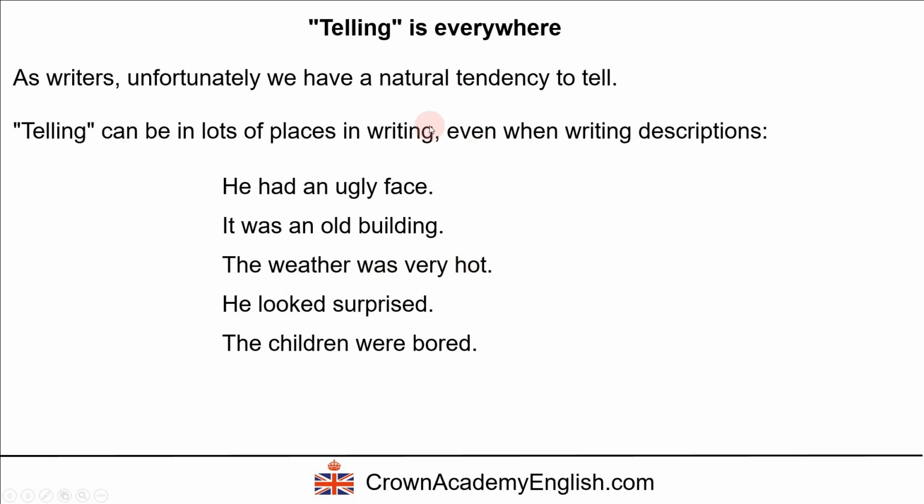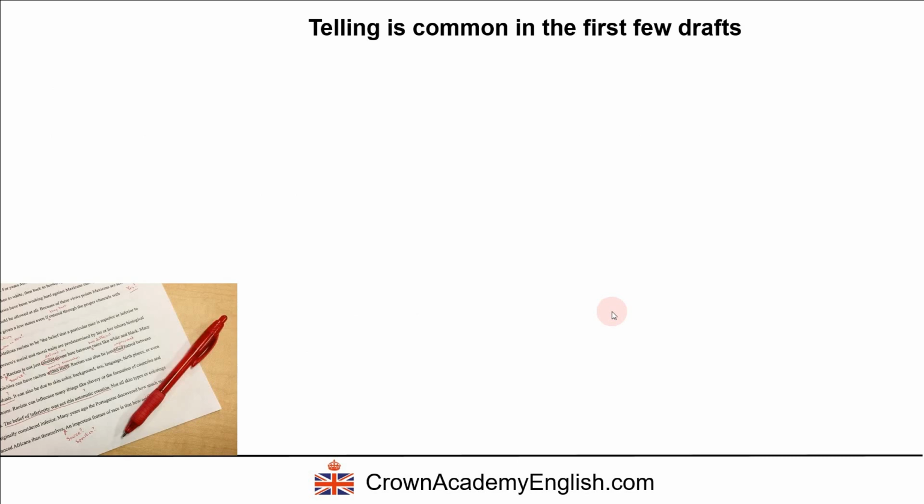So sometimes we are telling without even realizing it, and it's up to us, the author, to go back on our own work and identify these places where we're telling, and to try to then convert it into showing. And telling is very common in the first few drafts.